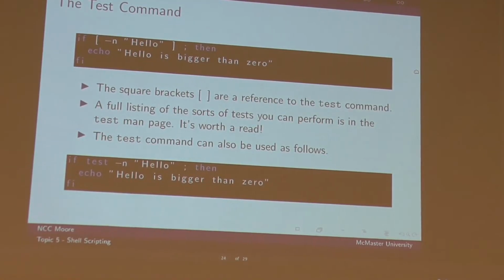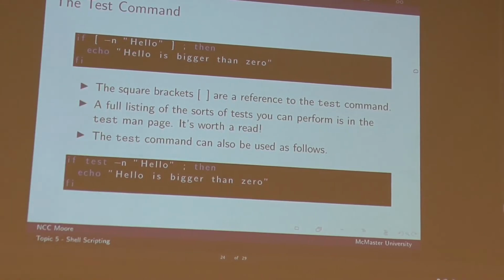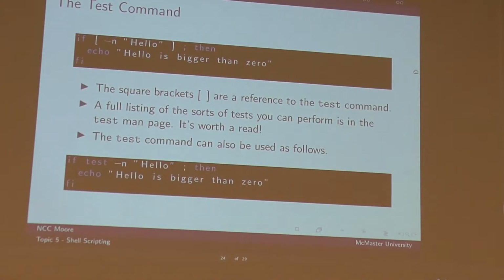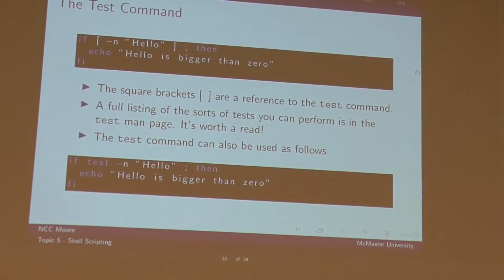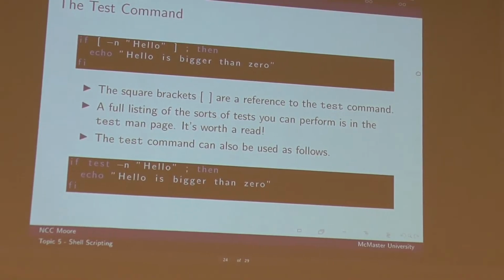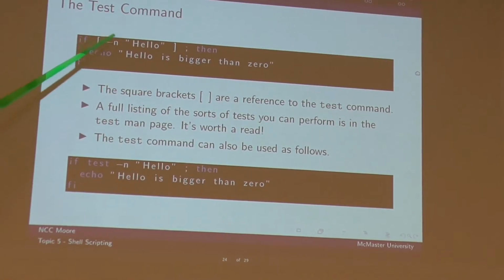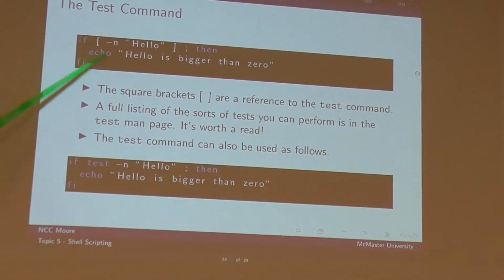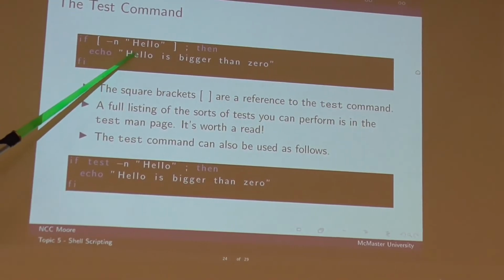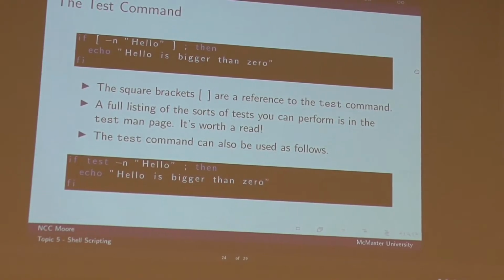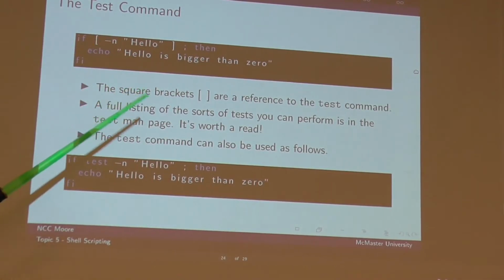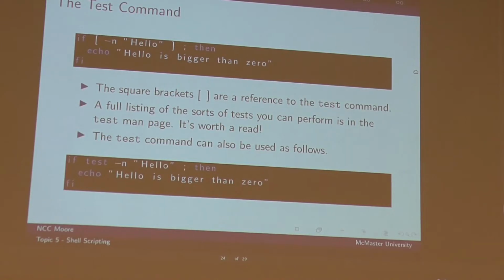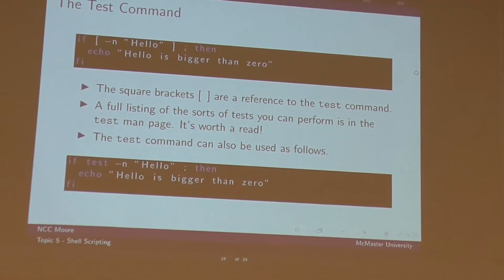So, hello is just a string literal, right? Obviously it contains more than 0 characters, so this test will always come out true, right? And we echo, hello is bigger than 0. We could easily also extract hello, make it into a variable, and have an else branch, right? Make sense? To some degree?